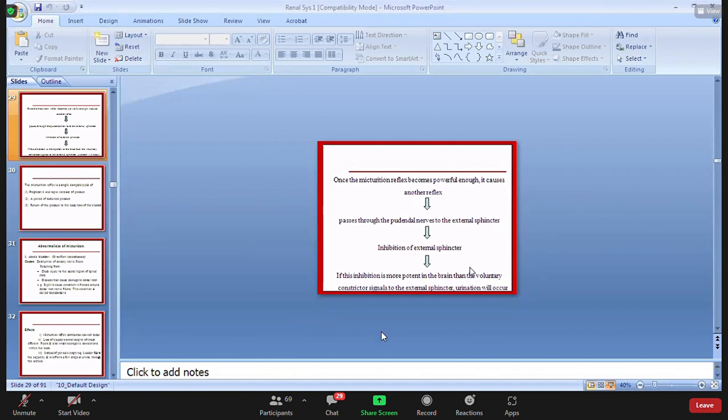Now the bladder abnormalities: atonic bladder or overflow incontinence. The cause of the atonic bladder is destruction of the sensory nerve fiber. তাহলে destruction of sensory nerve, that means the sensation of fullness of the bladder is completely unable to reach the brain, তাই না?